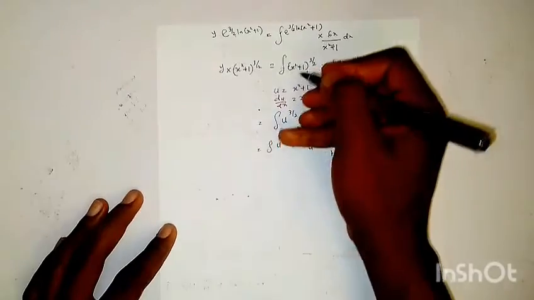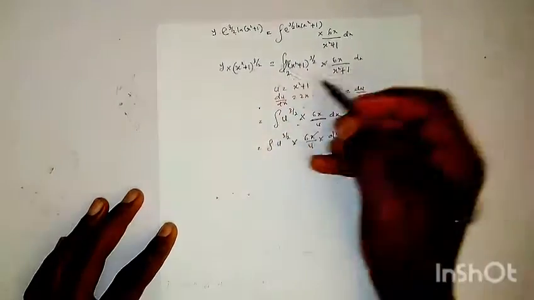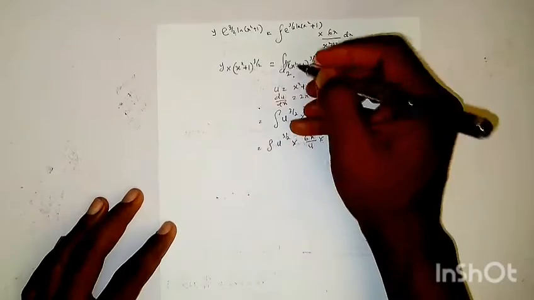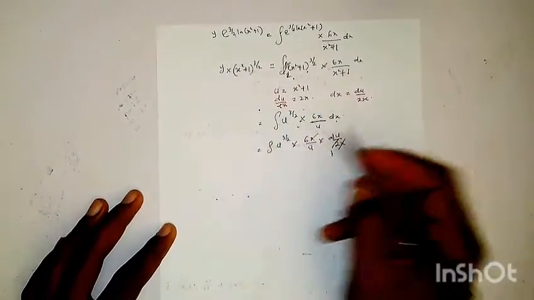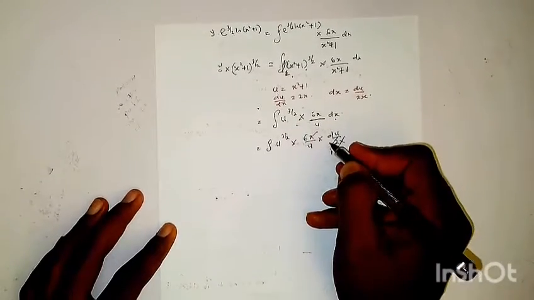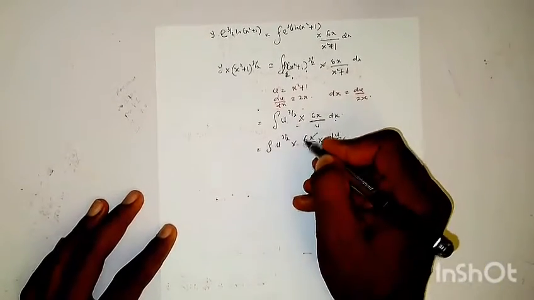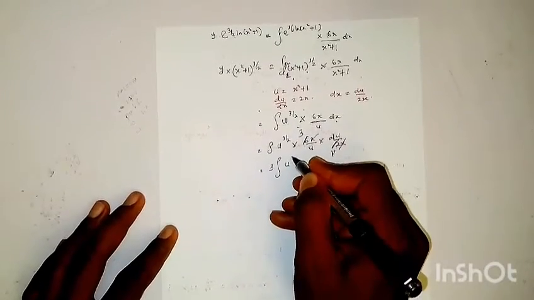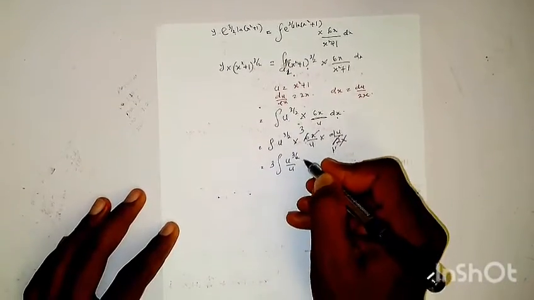So x will cancel x, right? So 2 into 6 is what? 3, right? So this gives me 3 times the integral of u raised to 3 over 2 over u du.